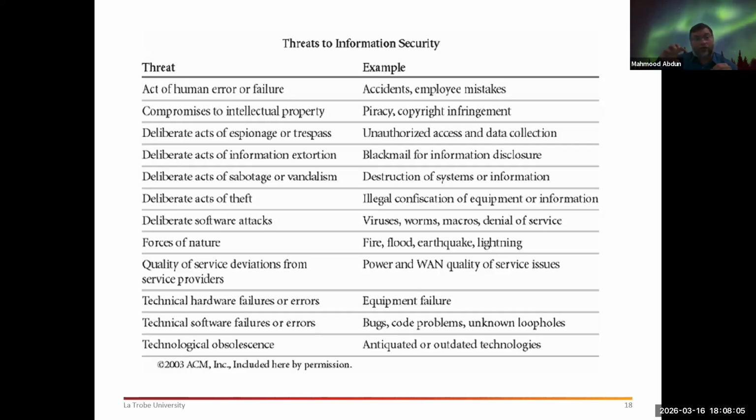But then you need to also qualify it by saying, okay, it can go down in various ways, and these are basically the reasons that it can go down. Someone can turn off the switch. It's a physical threat. Someone can actually perform a DDoS attack on this one. So this is also a threat. So for every unwanted incident, there may be one or more threats and threat actors. So you need to identify those threats.